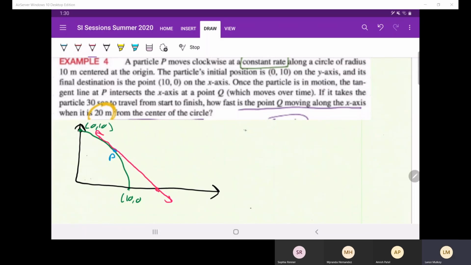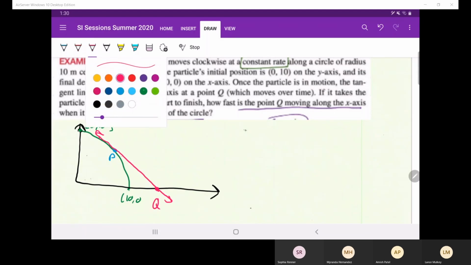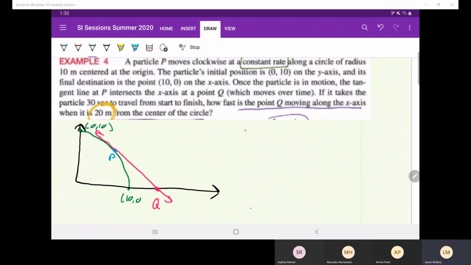We don't know the direction of the tangent line, but here's point Q. Now we know that P is moving in this general direction along the circle. It starts right here, and this is 10 meters, one of your constants. And this is theta, your angle.